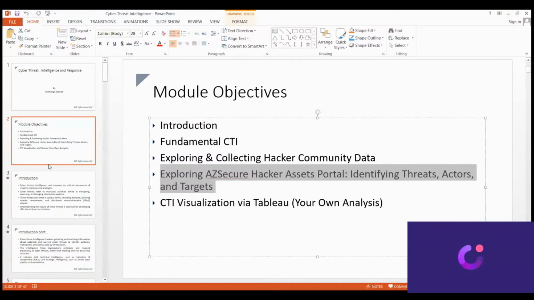So before anything, what is your understanding of cyber threat, intelligence, and response?